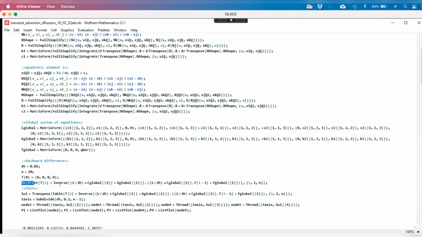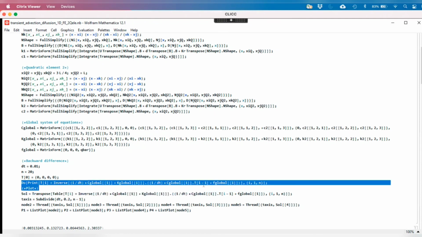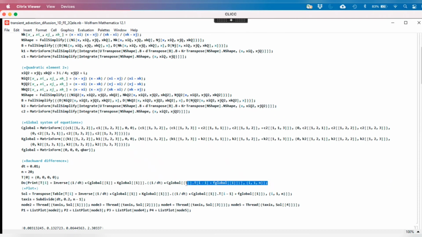Now this line is the new line we're using to solve the equation through this iteration. So if we do the Do loop, we can solve the equation. All right.